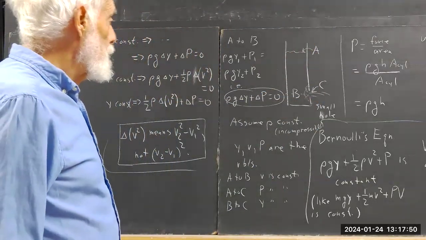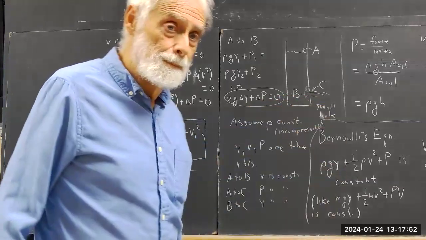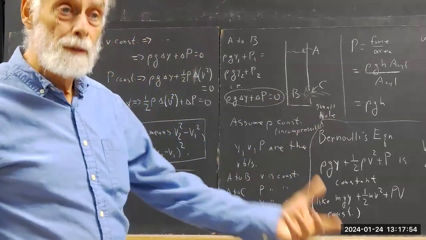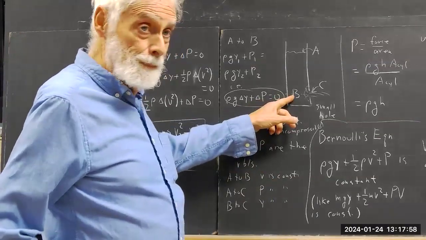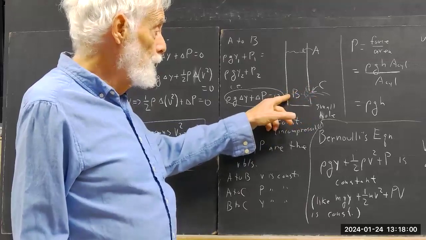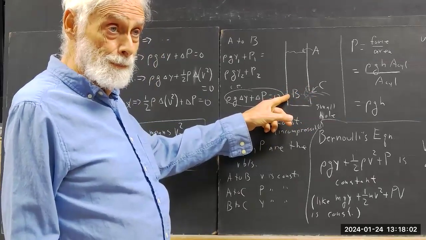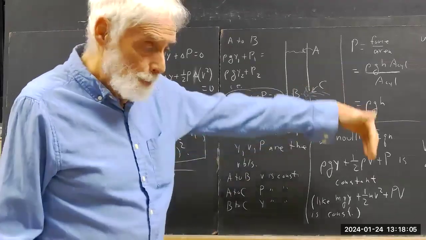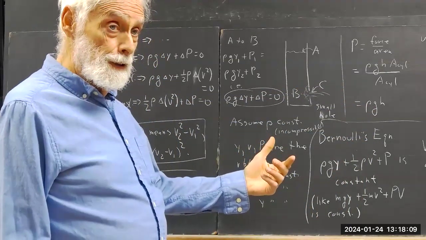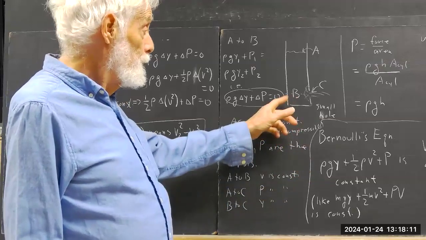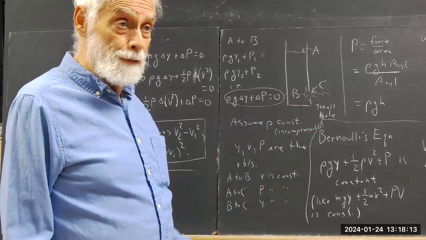Now, between B and C, pressure changes, velocity changes. Inside here, it's a small hole, and the fluid is pretty much stationary. Outside, it's spit out. So what changes? Well, V increases.